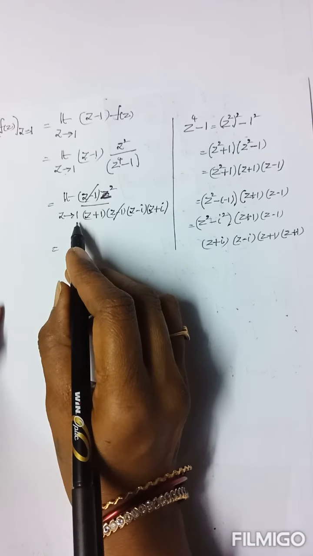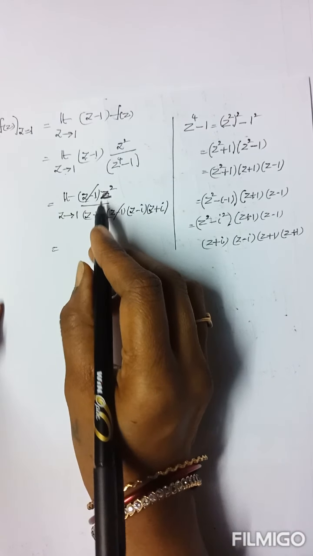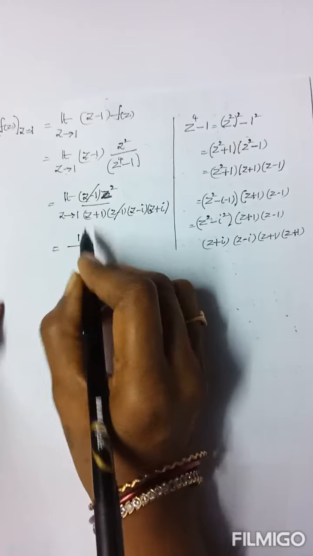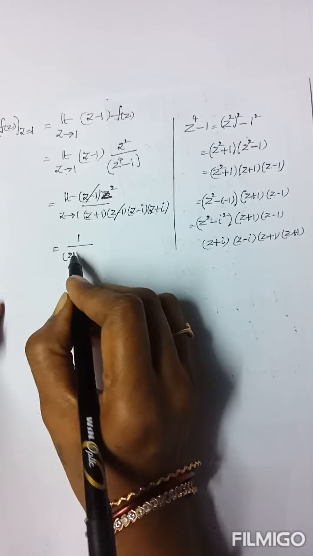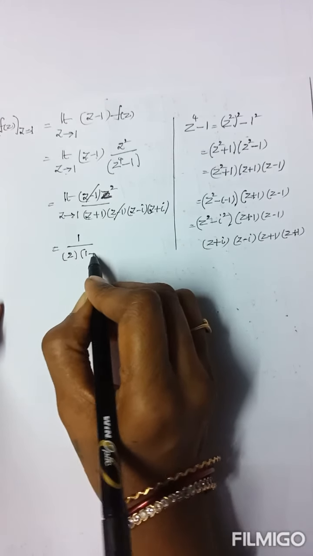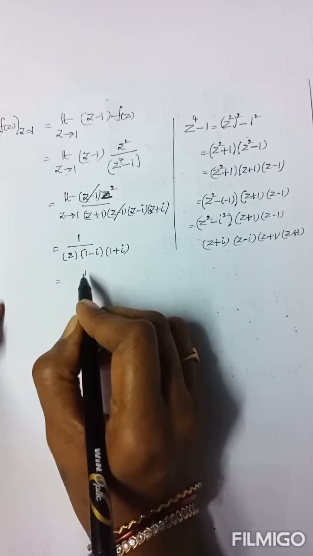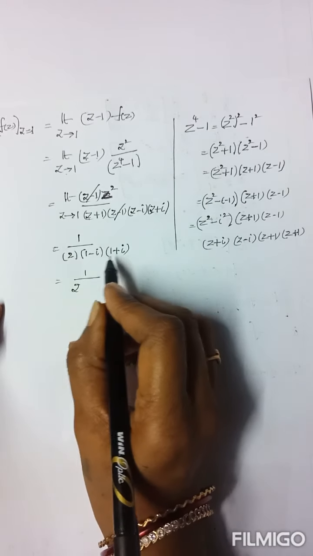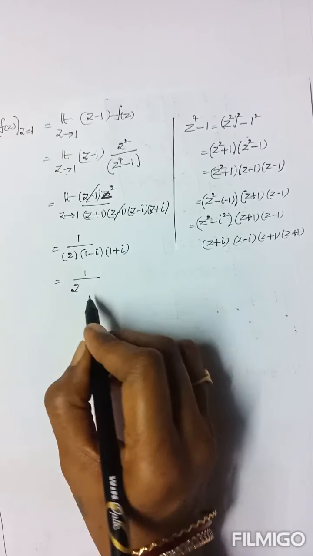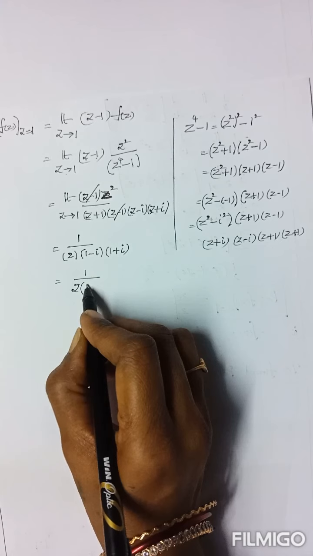Now you can substitute z equal to 1, and there is no 0 by 0 form. 1 by 1 plus 1 is 2. Here 1 minus i, here 1 plus i. Simplification: 1 by 2 into a plus b into a minus b, a square minus b square, again it will be 2.